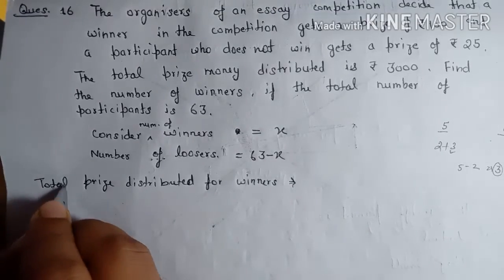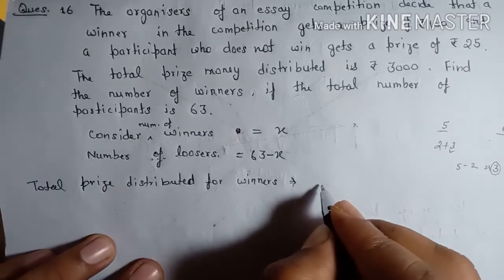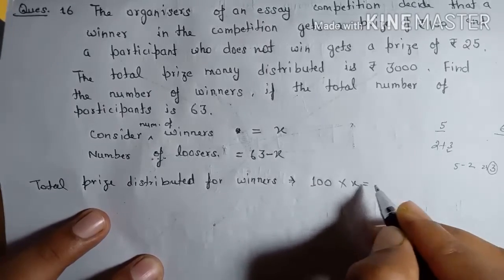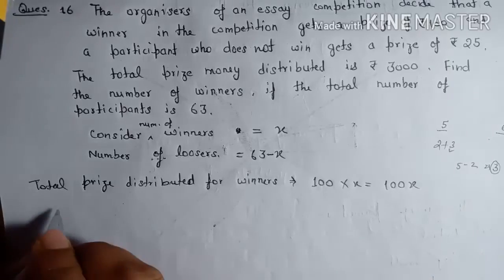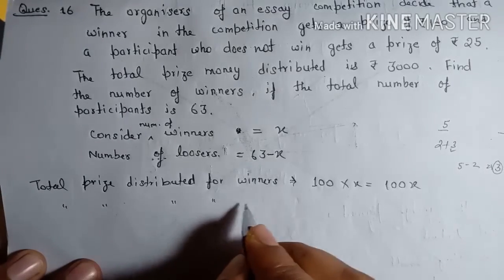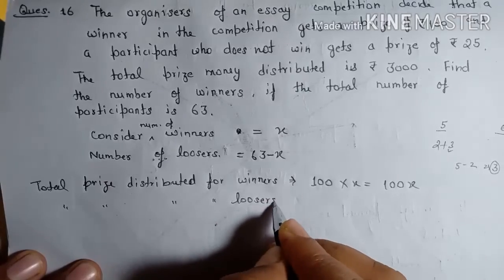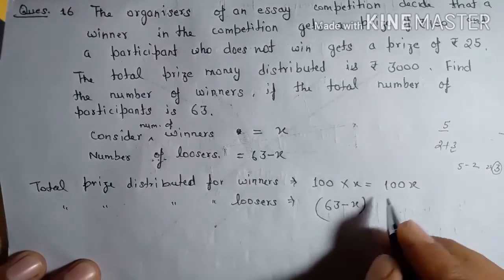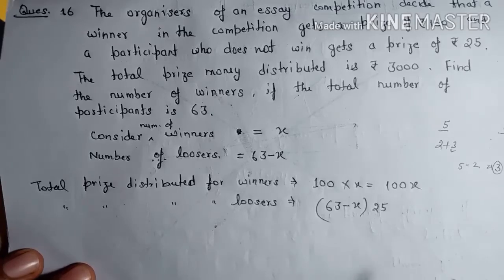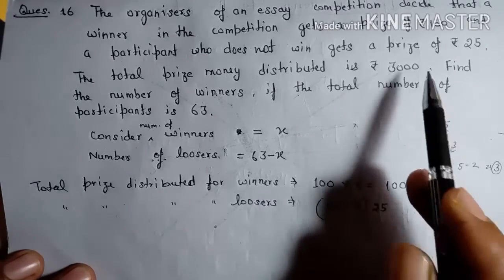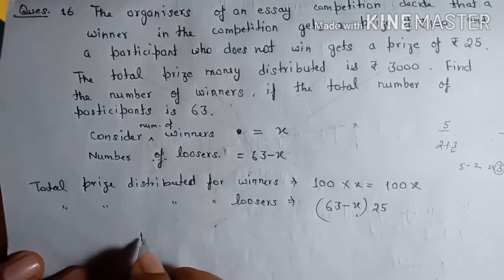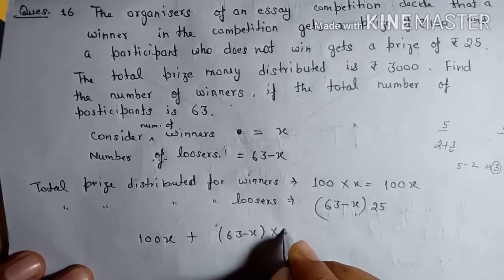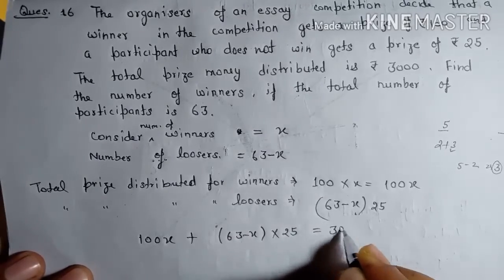Total price which is distributed for winners is rupees 100 and number of winners, that is x, so that is 100x, and total price distributed for losers, that will be 63 minus x and 25 rupees for each. And it is said that the sum of total prices is equal to 3000, so you can write it as 100x plus (63 minus x) into 25 is equal to 3000 rupees.